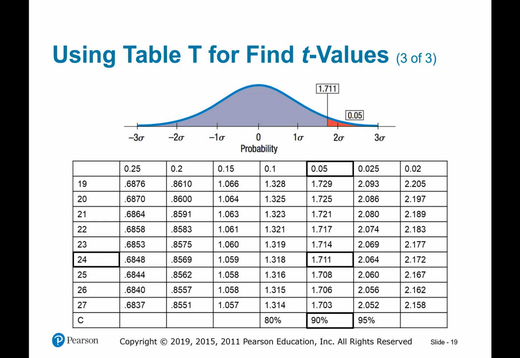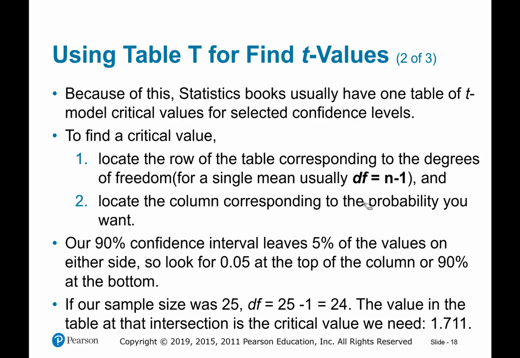And again, we want a 90% confidence interval, so this will be 90% here, which means our cutoff will leave 5% here and 5% there. So you read across the top to the 0.05, and then come down. That's our t star value, if we were going to use the table.